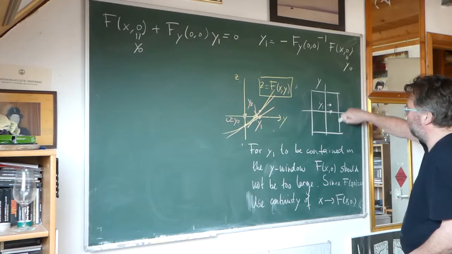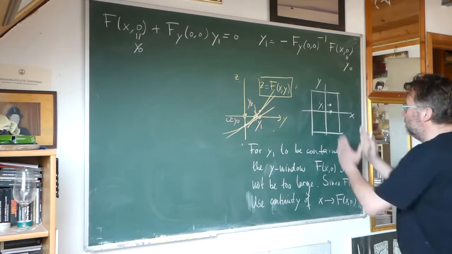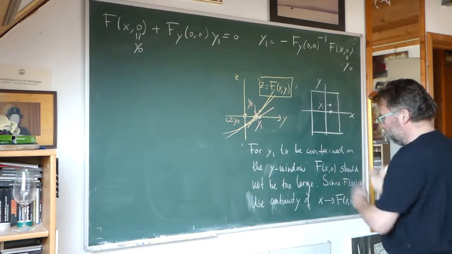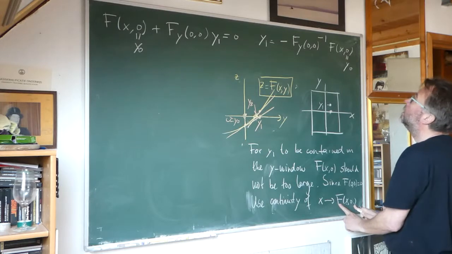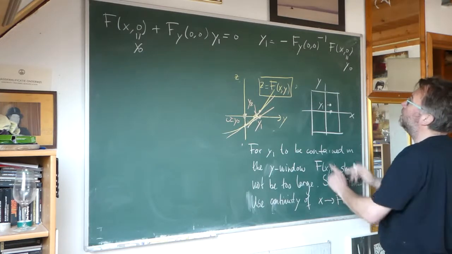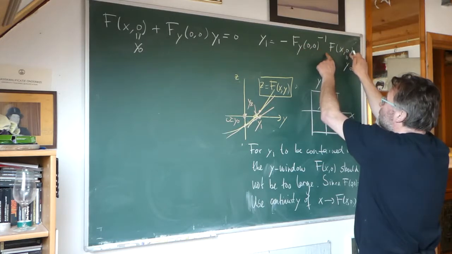So if I specify my y window, I can use the continuity to make my x window sufficiently small to keep this small, and then this thing acts on it.